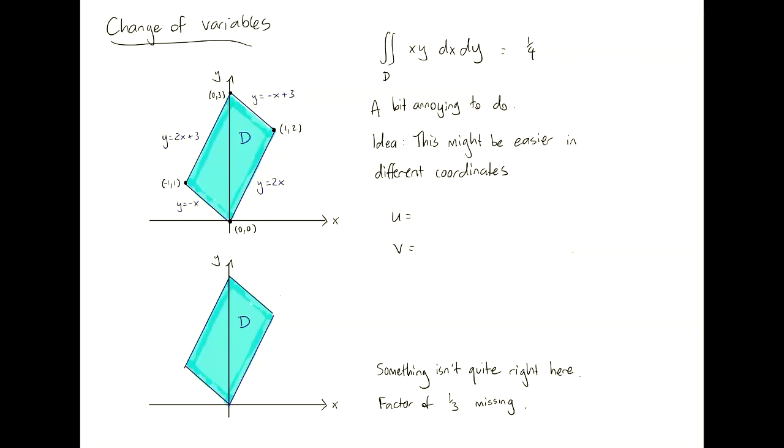Okay, so I have this integral here. You can set this up with everything you know how to do. It's a bit annoying, but you could do it, because you could say, all right, as long as I'm going to sweep vertically from 0 to 3, and then, depending on how high I am, if I'm less than 1, I will integrate from x equals minus y across to x equals y on 2.